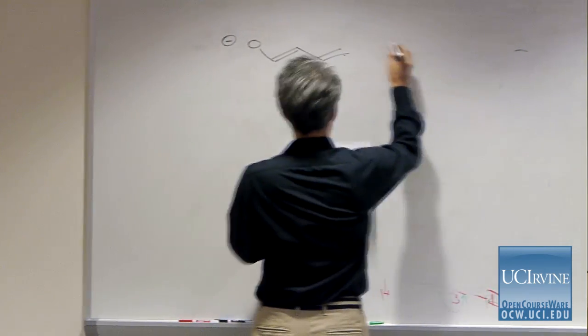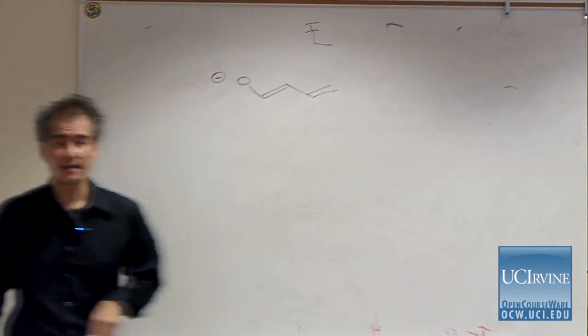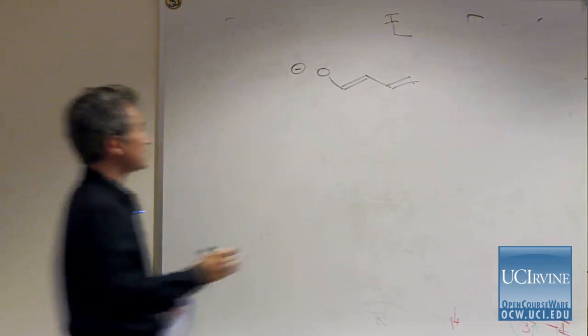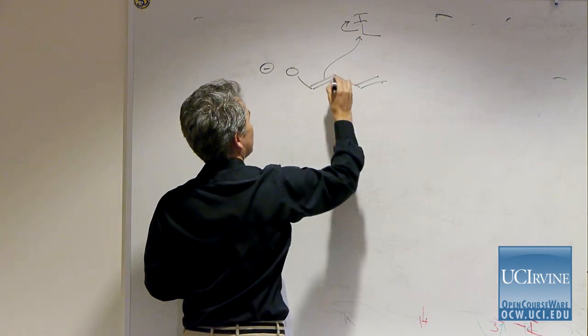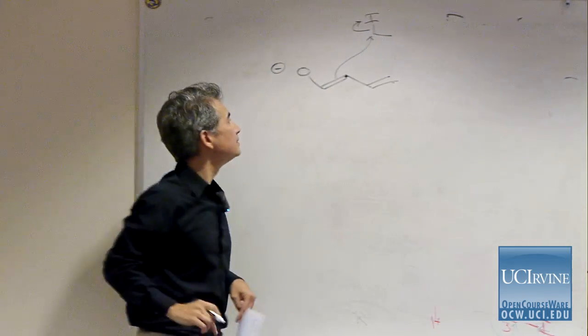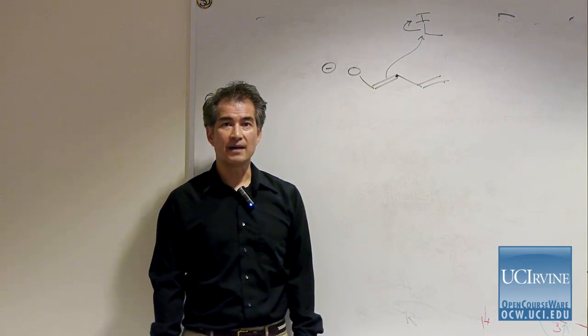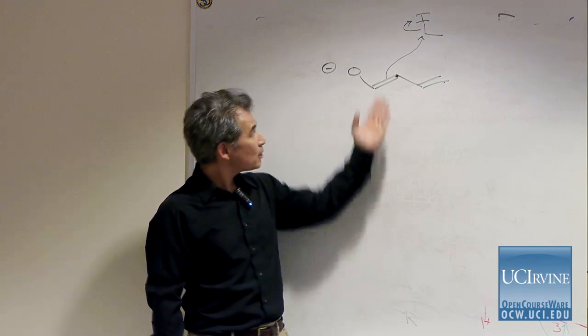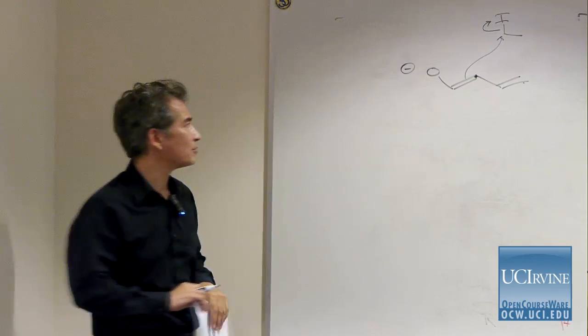If I make this interact with an electrophile, in this case iodoethane, the mechanism I would tend to draw would involve carbon-carbon bond formation between this carbon right here that has a dot and this reactant, ethyl iodide, the electrophile. These correctly drawn arrows represent the interaction of filled orbitals with unfilled orbitals.